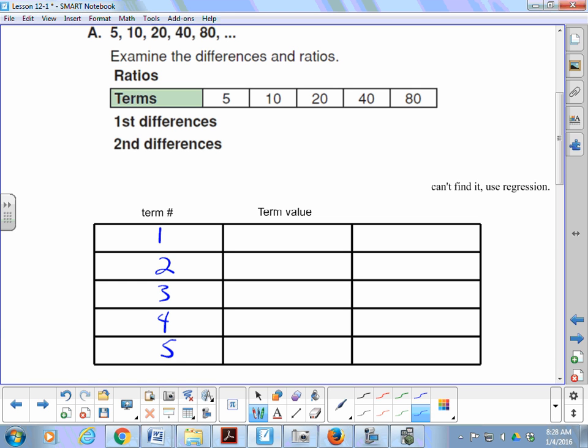And then I'm going to put the term values in here. And then from there, I want to figure out what happens from the first term to get to the terms after that. Okay? So I'm going to start with the first term and figure out, so what am I doing from there to get all the rest of the term values that we're working with?